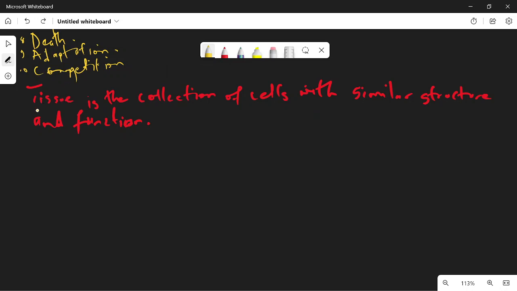Do we understand that? So cells with similar structure and function make up the tissues.